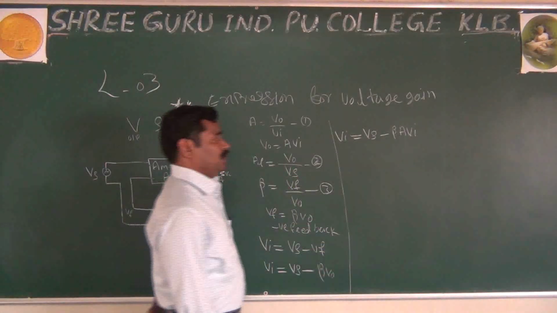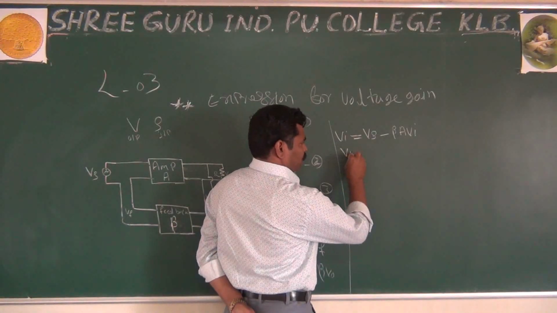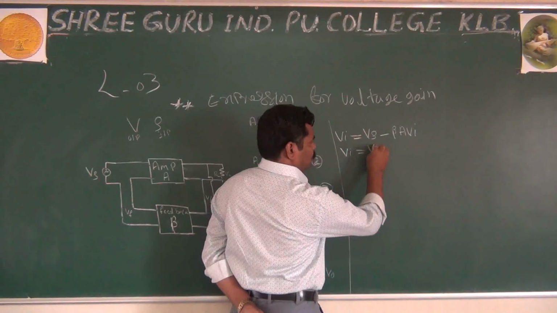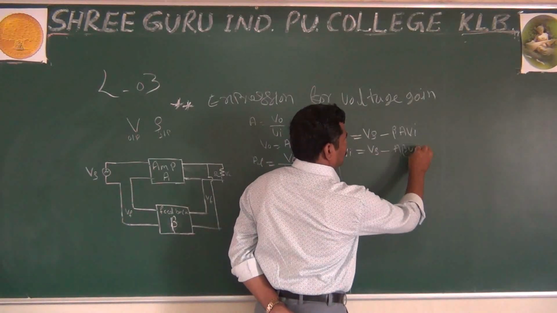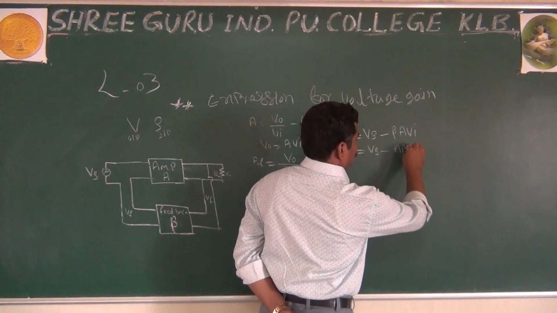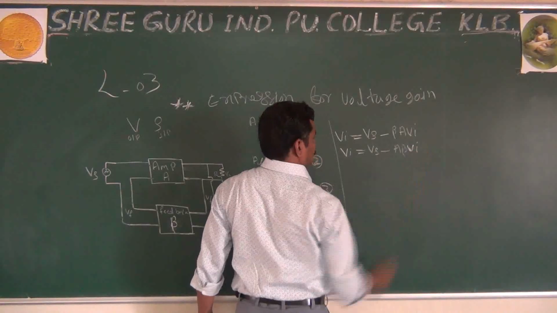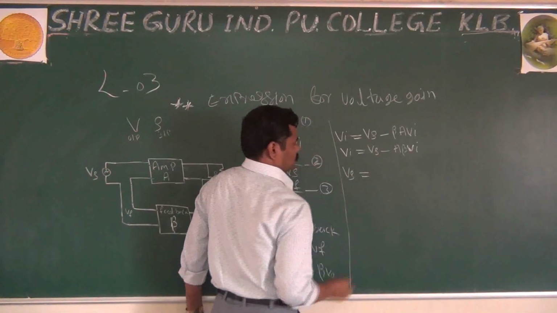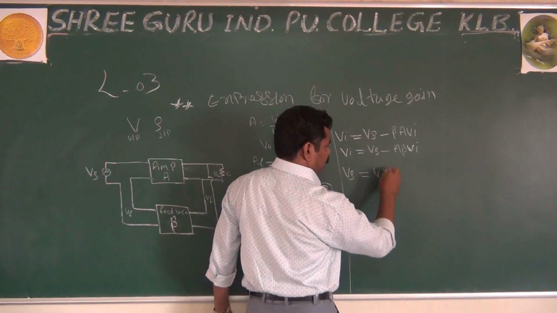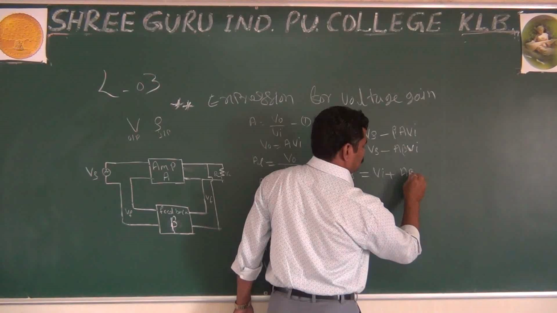Then you take same terms one side, in a systematic way. Vi is equal to Vs minus A beta Vi. Then you take same terms one side: Vs equal to Vi plus A beta into Vi.